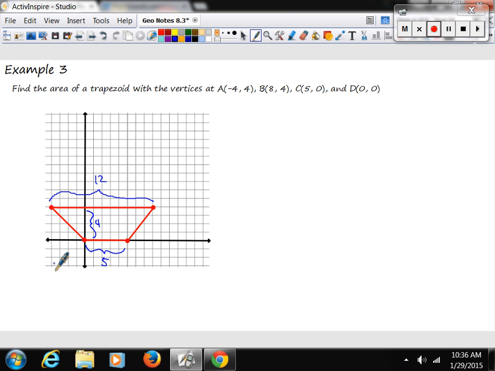So with this information, the area should be pretty quick. You should be able to do 4, which is our height, times the bases, 5 plus 12, divided by 2.